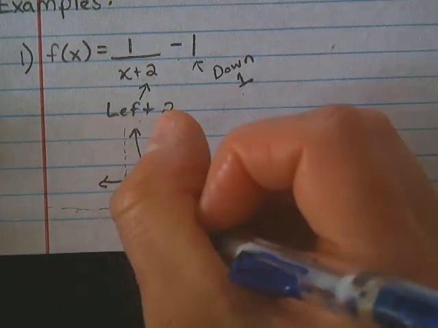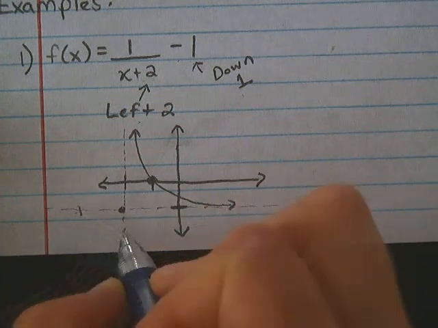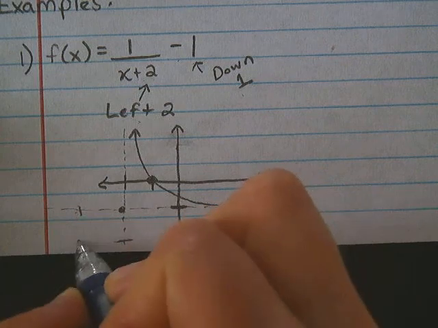And then down here, my graph kind of ended, but I could label some points for myself, left 1 and down 1, and that would be where my other part of my graph is. So I'm going to end up running off of my paper here, but hopefully you can see what it would look like.